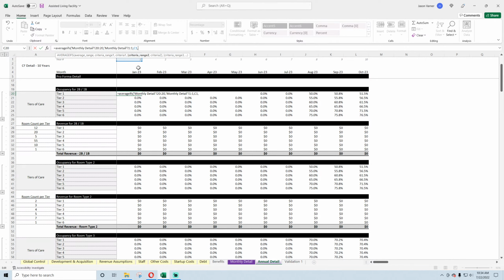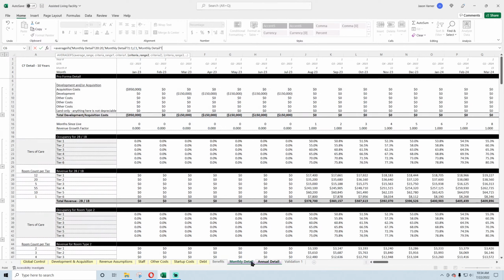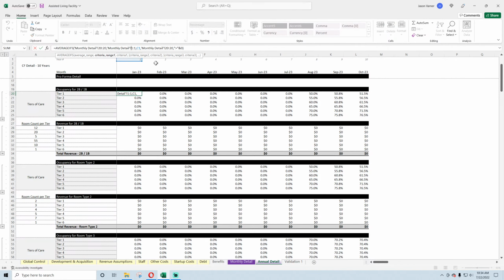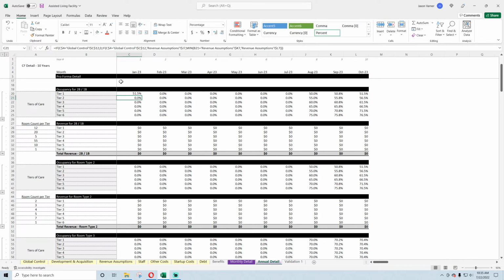And we have to do a second criteria. We only want to take it if it's greater than 0. Otherwise, we'll get a diluted number. Okay, looking good. This can roll down.